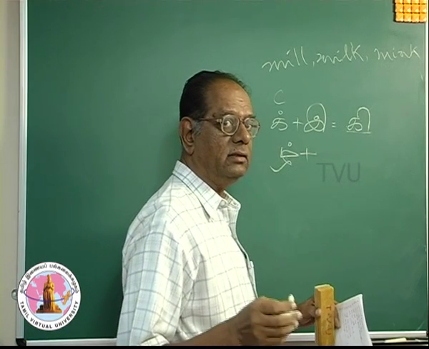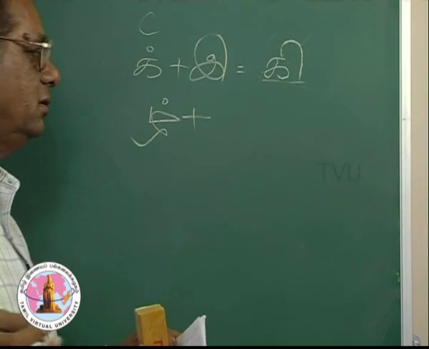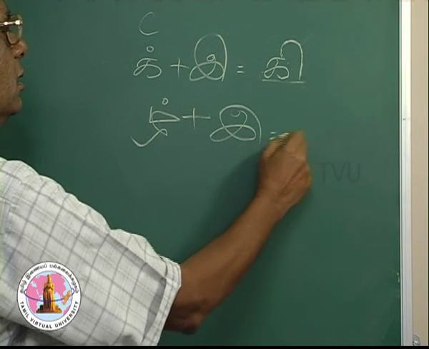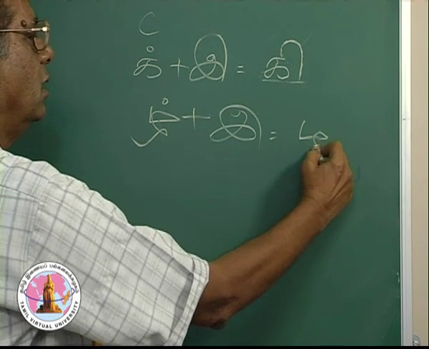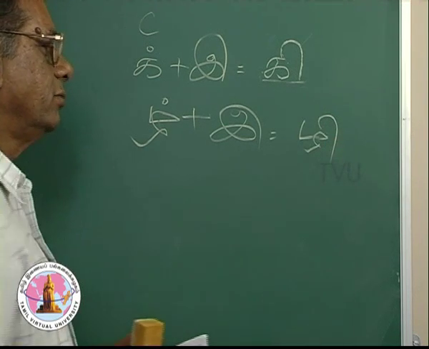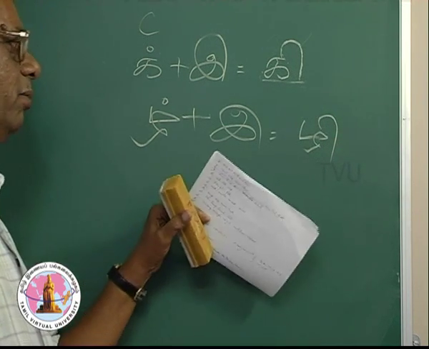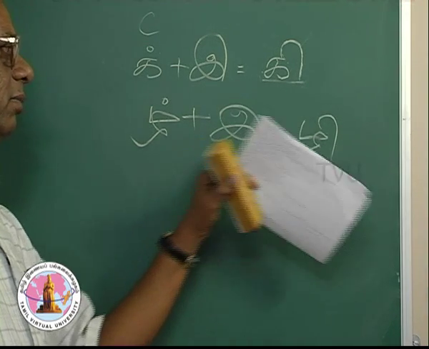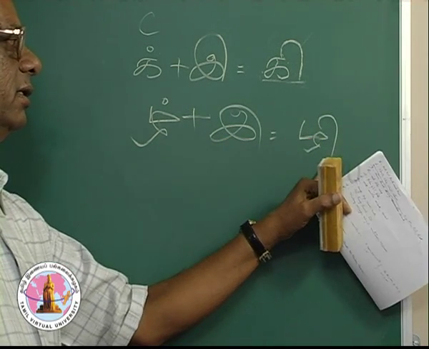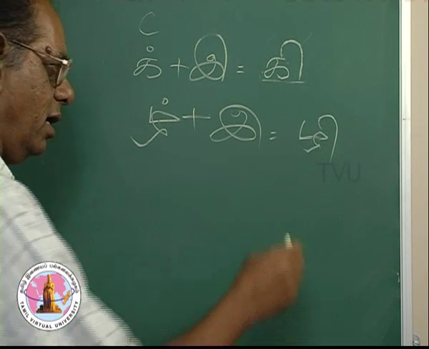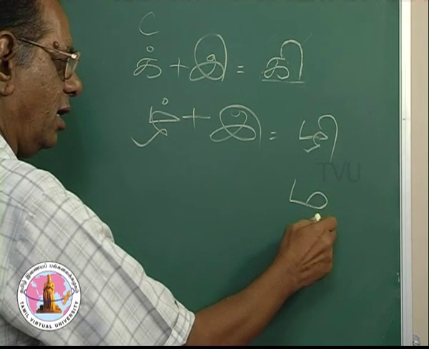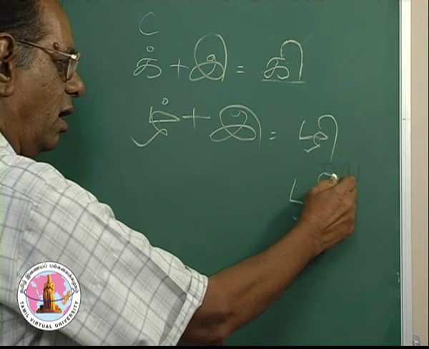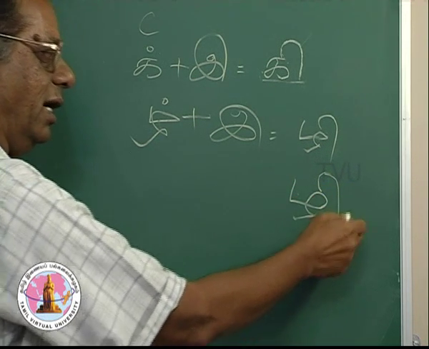The next letter is ra. You have e, the combination is ri. As we did in ma, this marker is taken out from the middle of the second part of the letter.